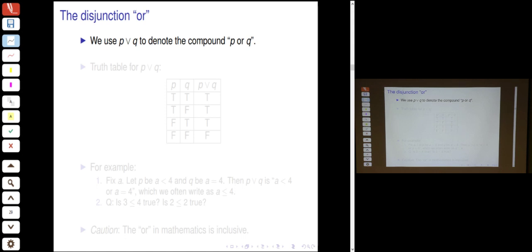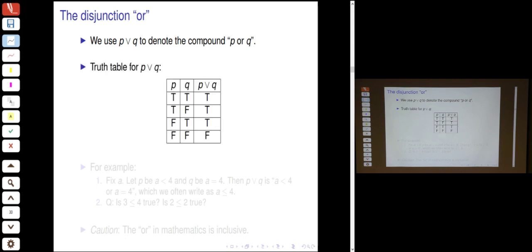The next one is OR. There's one way to misread this OR, as we will see. I'll read this as P or Q. We use this V to denote what is called the disjunction of P or Q. Now the truth table for P or Q is set like this.